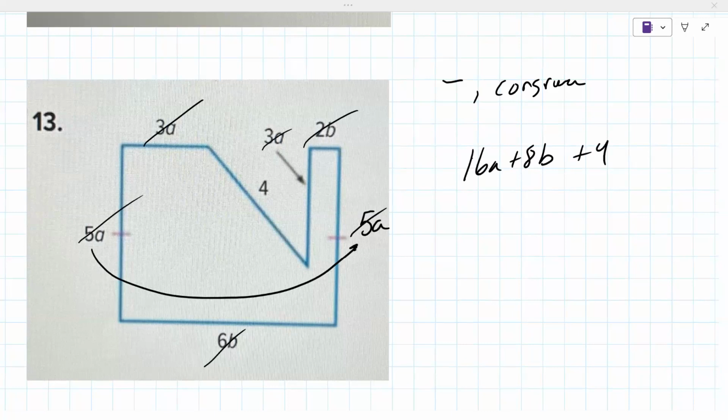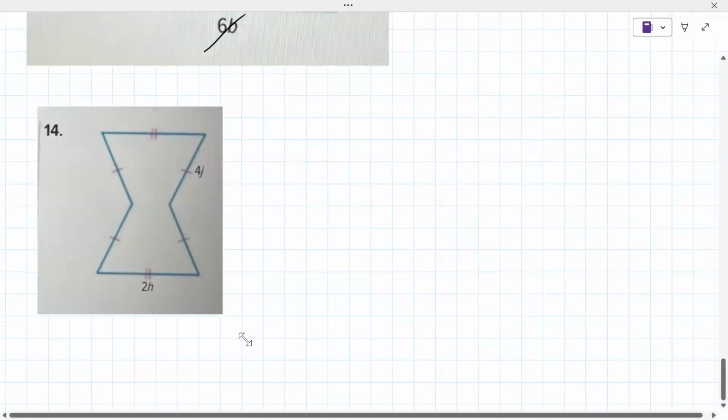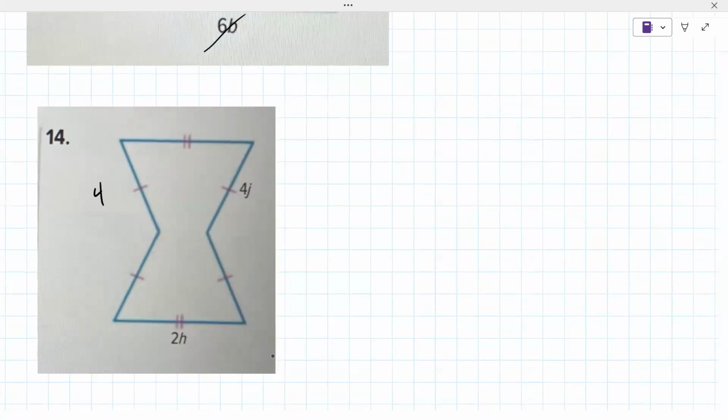So that's probably enough information to do 14. You'll want to pay attention to those lines again. The single lines are all the same. So this is 4J, 4J, and 4J. The top one is 2H.